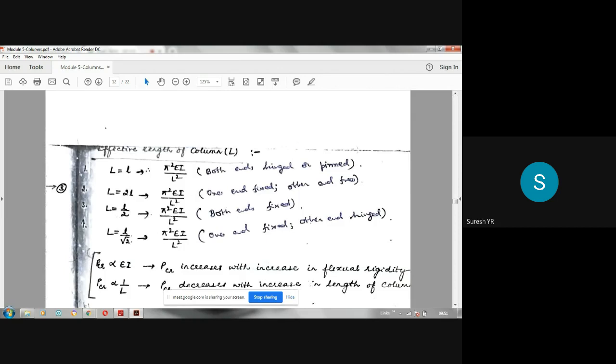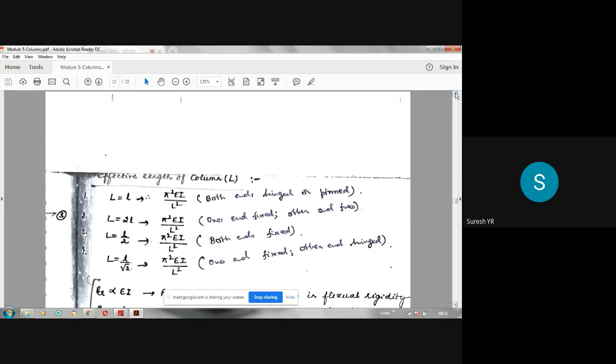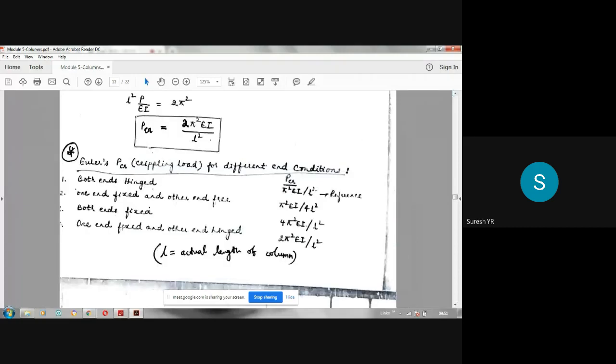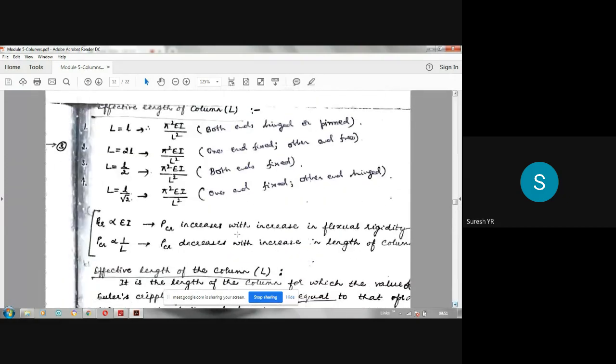Similarly, in the third case, both ends fixed, the formula is pi square EI by L square into 4. You bring this 4 to the denominator, and it becomes 1 by 4. In that case, capital L square will be equal to small l square divided by 4, or capital L is equal to small l by 2.